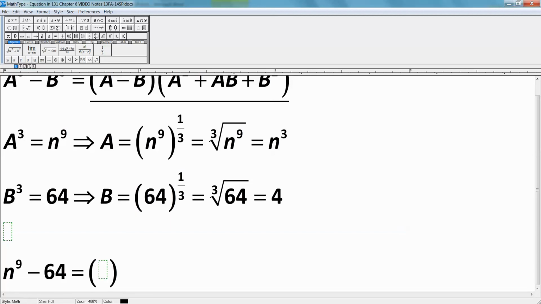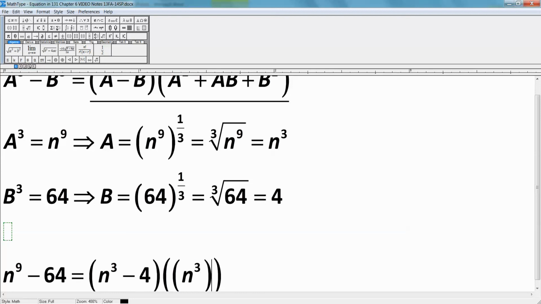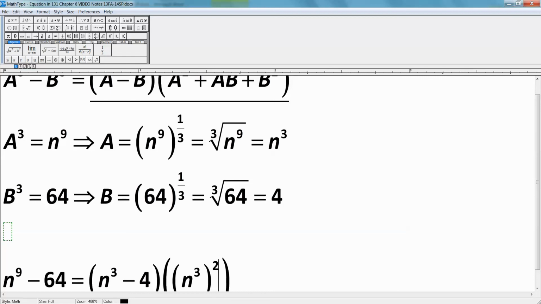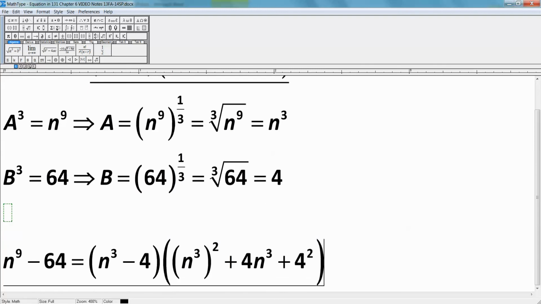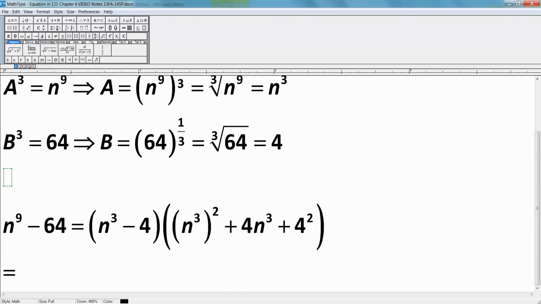So we're going to write a minus b, so that's n cubed, take away 4, and then a squared, that'd be n, I better put in parentheses. I want n cubed all squared. I'll figure that out in a minute. Plus 4 times n cubed. You just multiply them. That's easy. Plus 4 squared. Okay. So all I got to do is finish this part out.